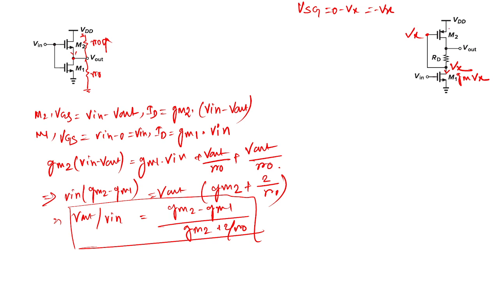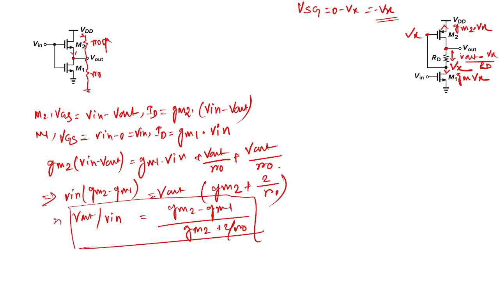So Gm times Vsg is the current flowing in this downward direction. As Vsg is negative, actually the current is flowing in the upward direction. So the value of the current is Gm2 into Vx, and here the value of the current is Vout minus Vx by RT.